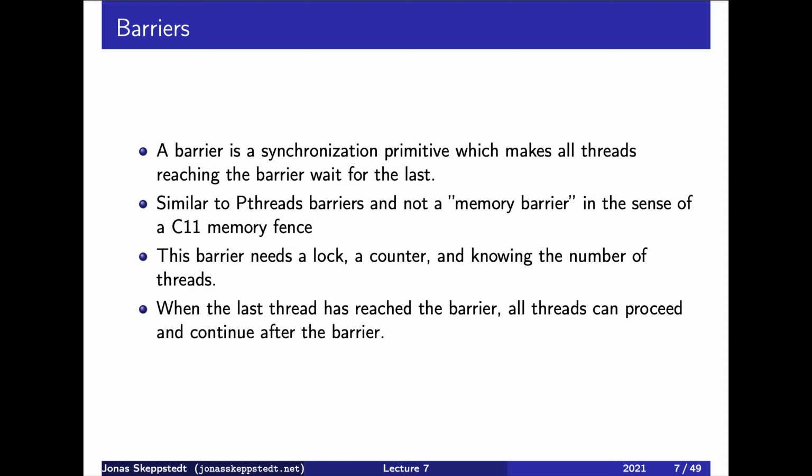There are barriers in OpenMP, and they are similar to pthreads barrier, and that is in contrast to what is sometimes called a memory barrier, which is similar to a C and C++ memory fence. And so the OpenMP barrier needs a lock, a counter, and knowing the number of threads that will wait for this barrier.